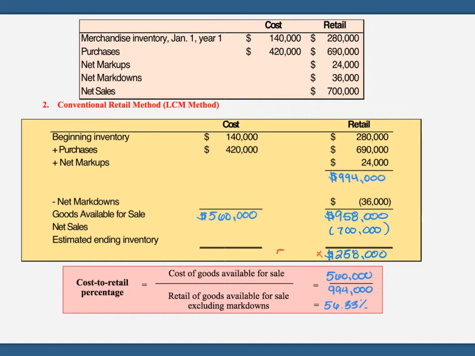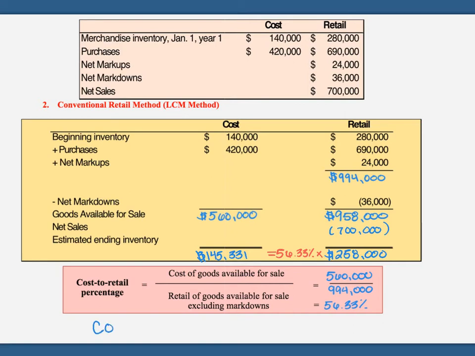It's going to be that 56.33% we just calculated. And that's going to give us our estimated ending inventory for cost to be $145,331.